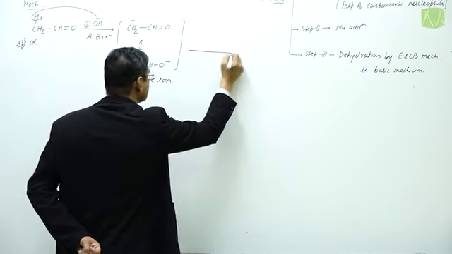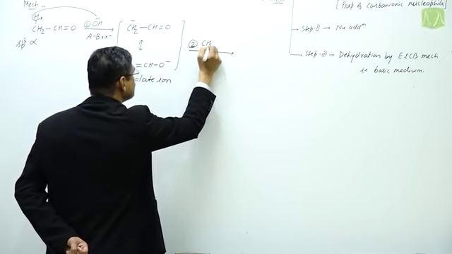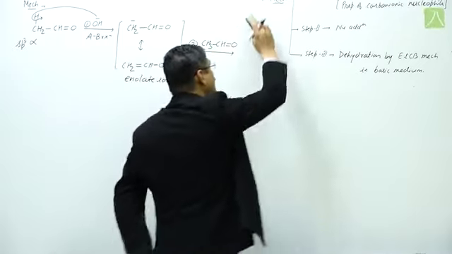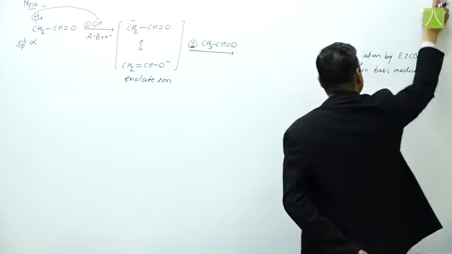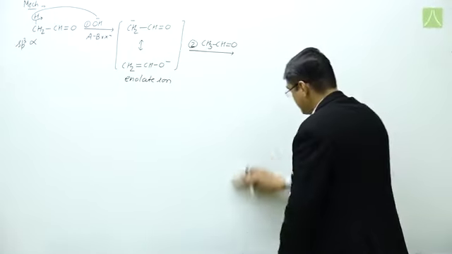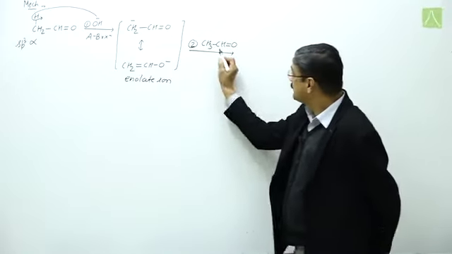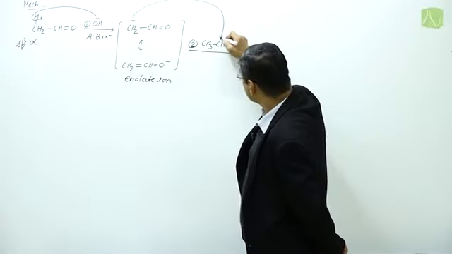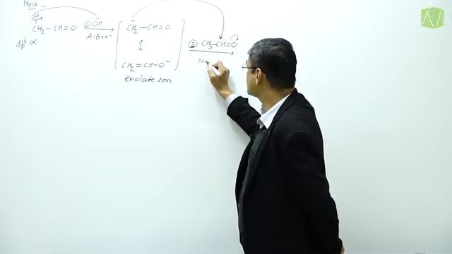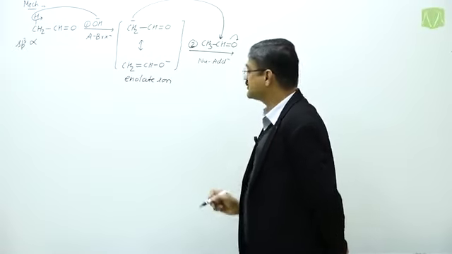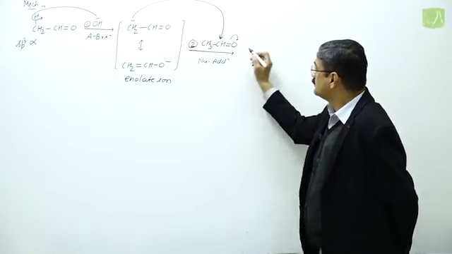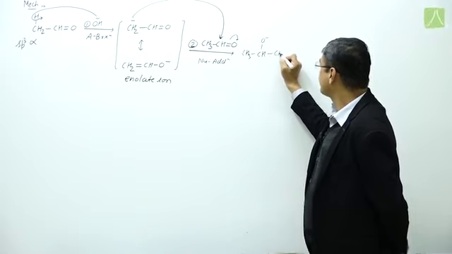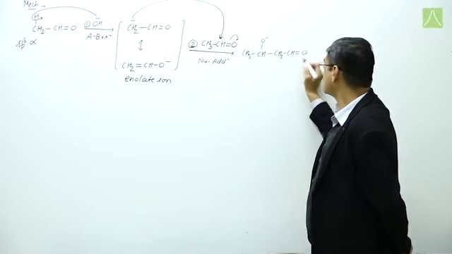Now in the second step, this nucleophile attacks another molecule of carbonyl compound. So C double bond O gives nucleophilic addition. So this negative charge attacks the carbon and this step is nucleophilic addition. After nucleophilic addition, there is a product like this, O minus CH2 CHO.